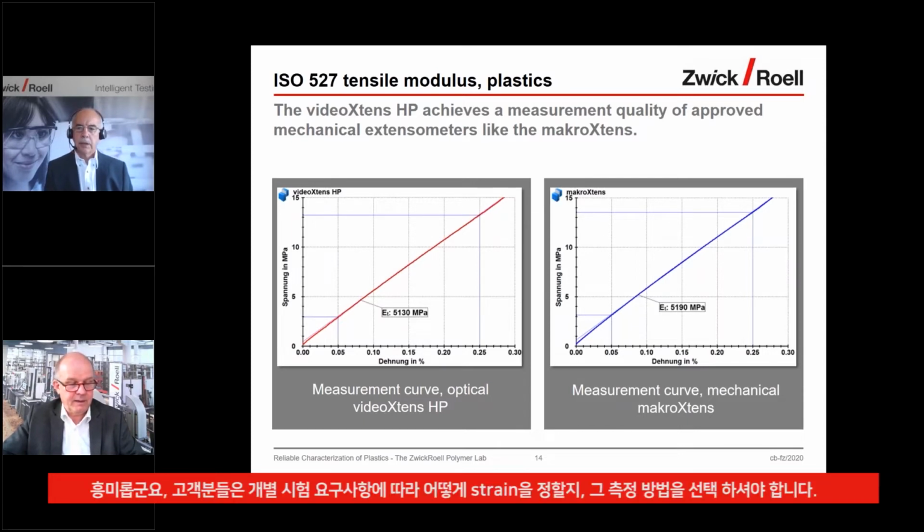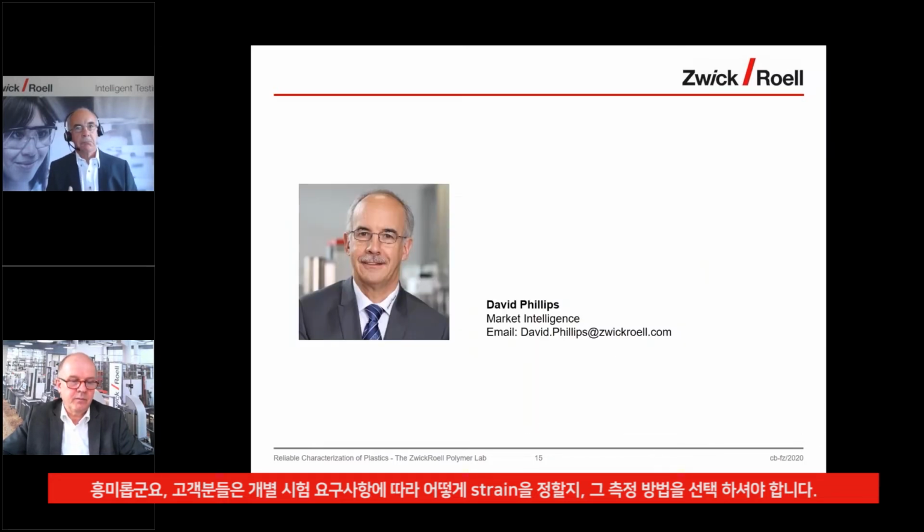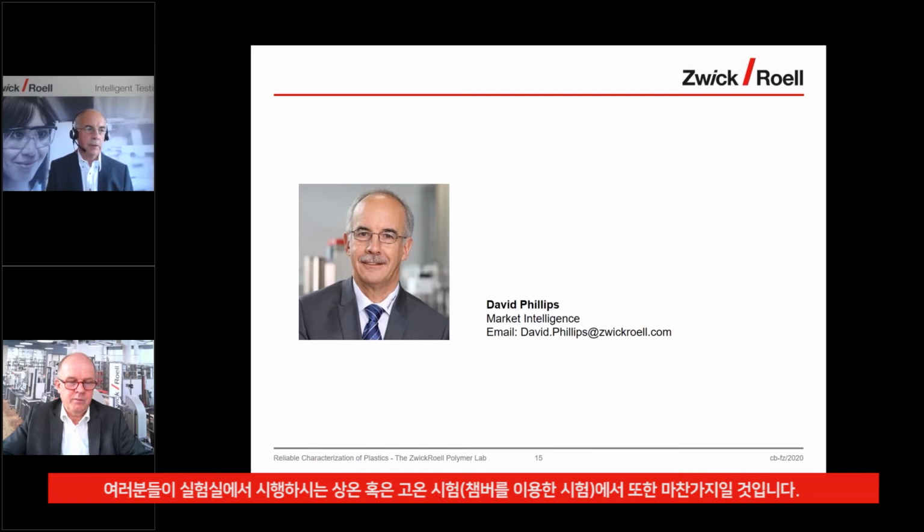That's really interesting, and that means then I assume for the first time customers now have a choice of ways to measure strain according to their own individual test requirements, and probably also related to other ambient or maybe non-ambient tests they may have to do in their laboratory as well.